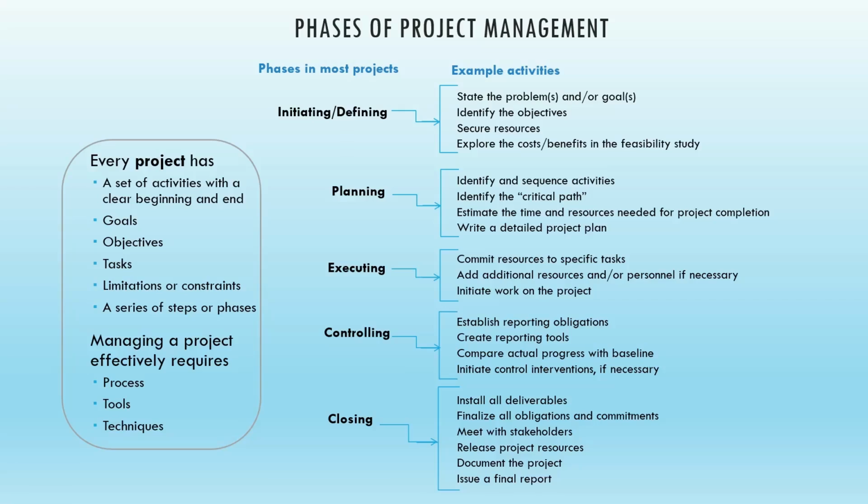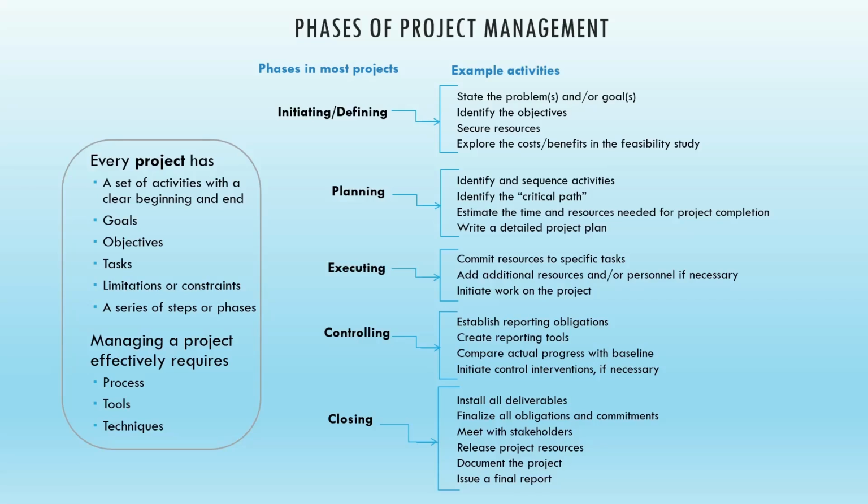In the project management approach, it has been identified as five different phases. That means we are identifying our entire process of project management in five phases. So: problem definition, identifying the objectives, securing the resources, exploring the costs and benefits, as we did in feasibility analysis in SDLC.